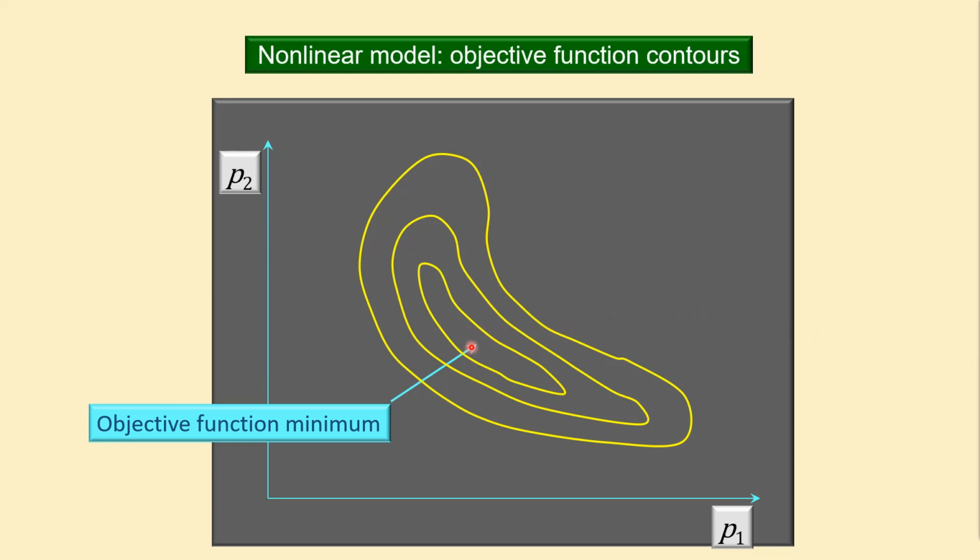There is a minimum at the center of these contours, and that these contours close, so that we can find an optimal set of parameters, a minimum error variance set of parameters, P1 and P2, through finding the lowest point in the objective function surface.